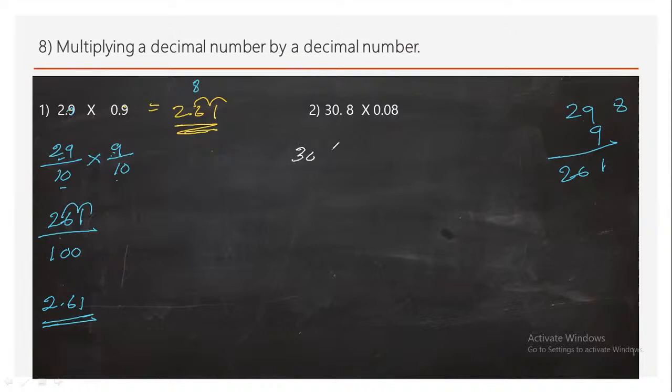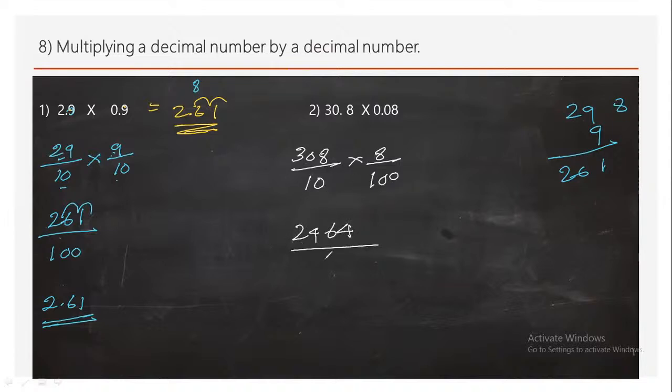Then 30.8, one decimal place, so denominator 10: 308 with one decimal place here. Then here two decimal places, so denominator is 100, right? 8 over 100. Now multiply 308 by 8. 8 times 8, 64, 6 remaining. 8 times 3, 24, 2,464.